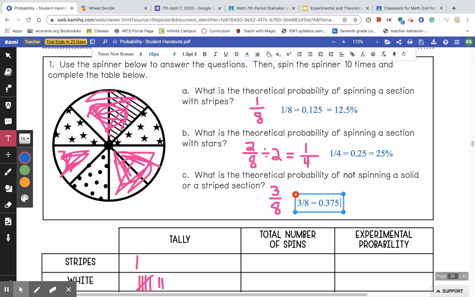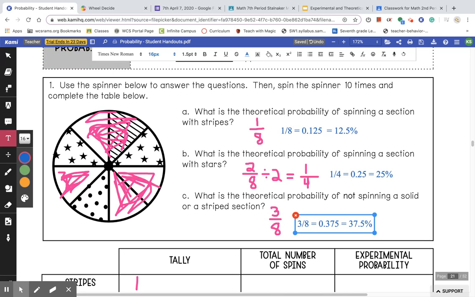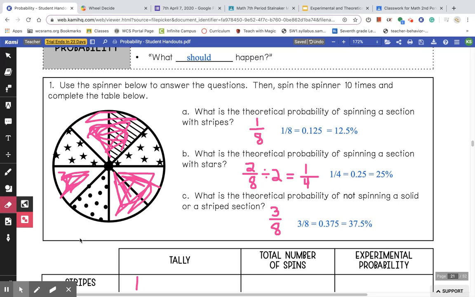Move the decimal over 2 places to the right, and we get 37.5%. So the theoretical probability of what should happen is 37.5%. All right, so now moving on to the next section.